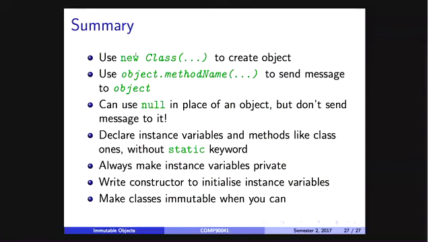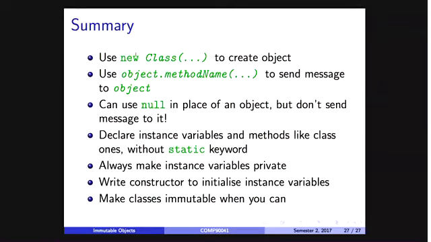The number and type of arguments need to match up with one of the constructors for the class. And we say object.methodName, and again, some arguments in parentheses. And again, the number and types of arguments have to match up with a method for the class, and that will invoke one of the methods in the class.